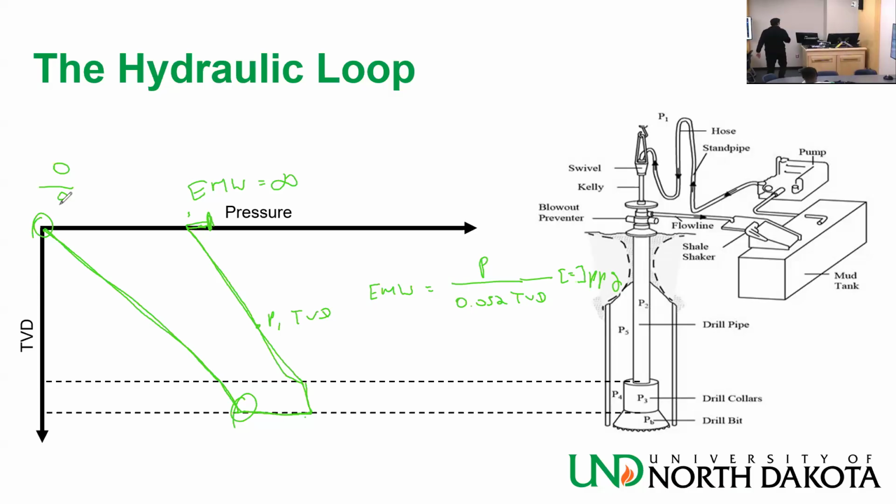If I didn't have frictional losses, my loop will look something like, let's see. If I didn't have pressure losses to friction, I would be starting from here, and then it would be something like this. Straight line, and then up.